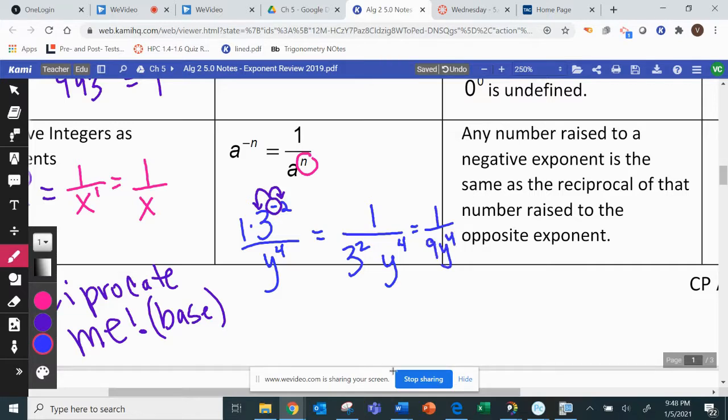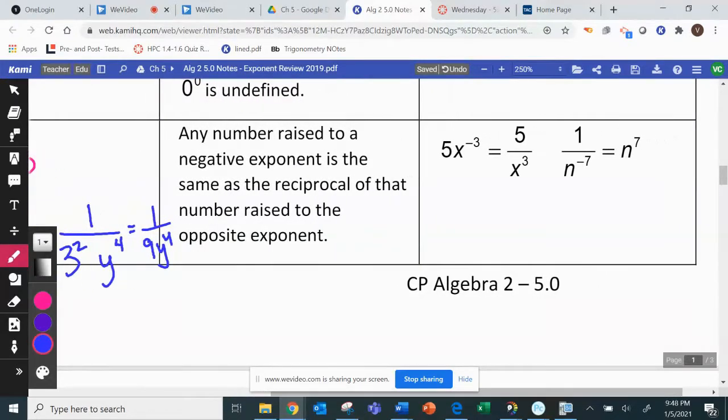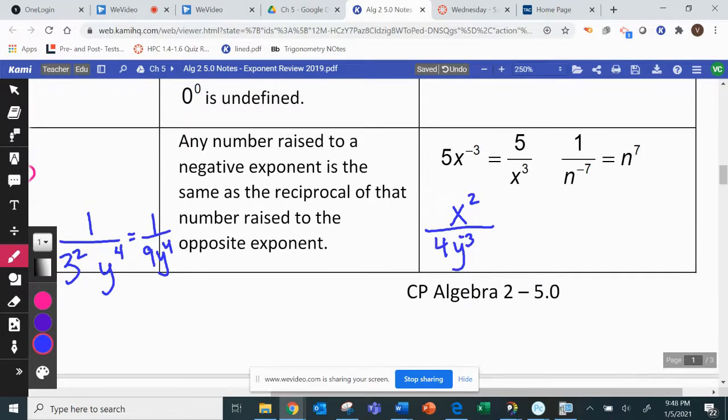One more of those. Let's say I have x to the second over 4y to the negative third. So I look very carefully and I see this y to the negative third.